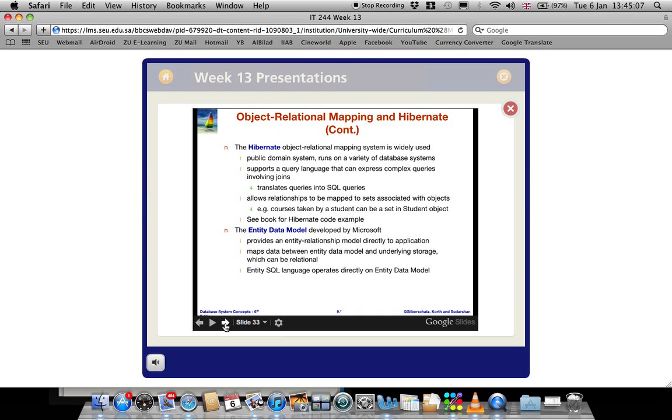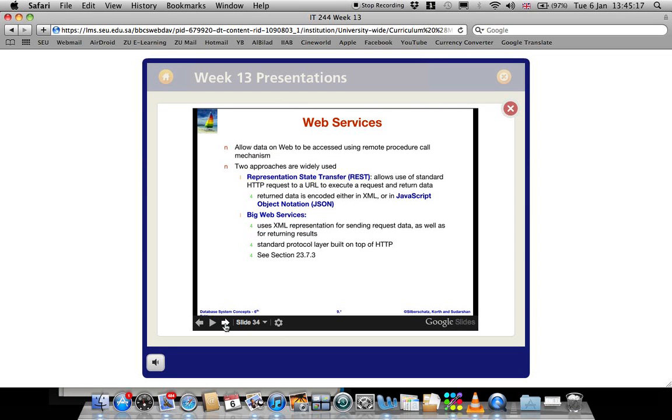Obviously the entity data model has already been discussed, so don't worry about that. Just have an understanding of it anyway because it's already been discussed. Hypernet as well, just know what a hypernet is. Just a brief understanding of REST and JavaScript.